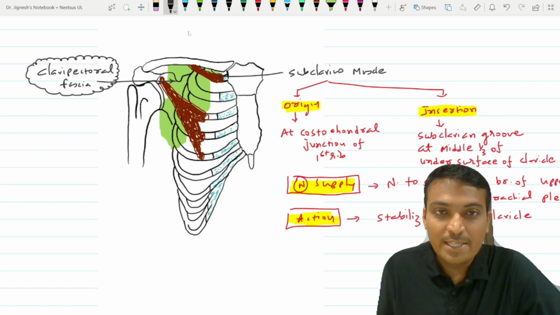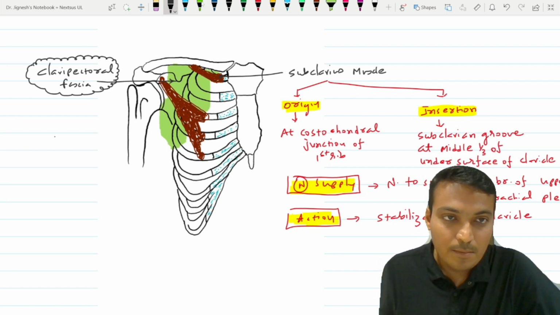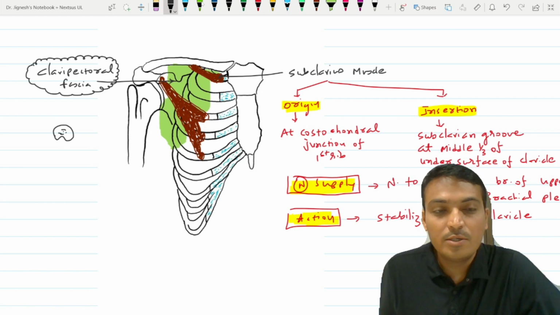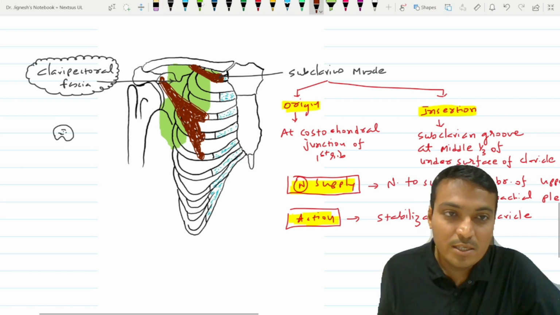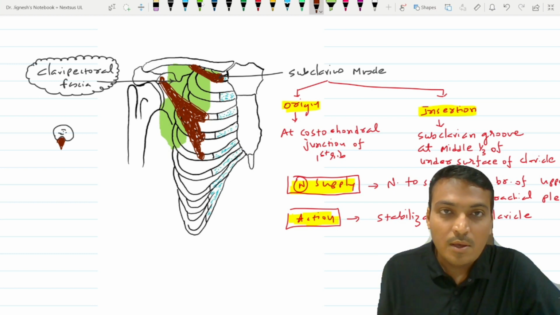So when we take a cross section of it, suppose this is the clavicle, and the under surface of the clavicle has the subclavian groove, and within the subclavian groove the subclavius muscle is inserted.